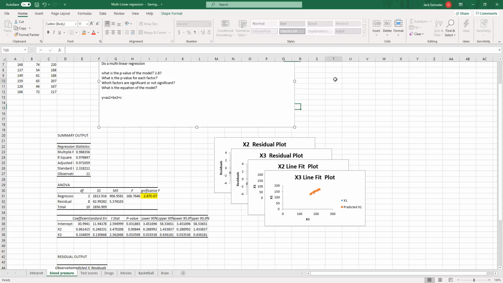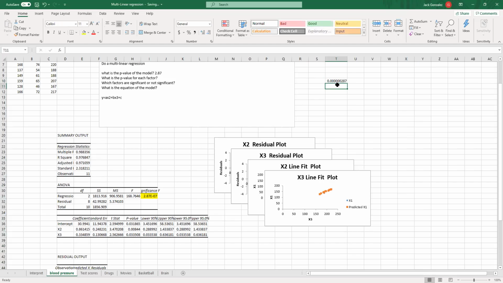Now we can just do it here, see what it looks like. Equals 2.87 times 10 to the negative 7. So that's our actual p-value. So there it is.